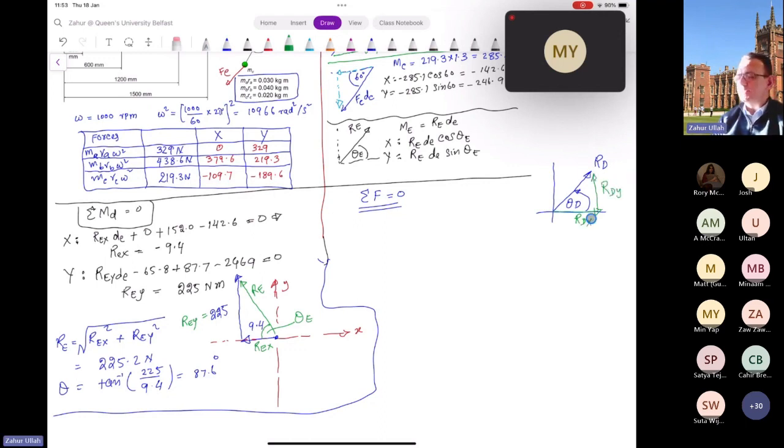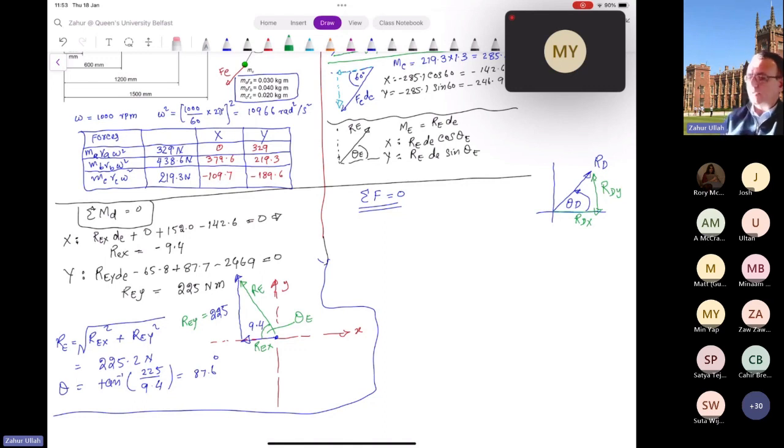So you are assuming that both the X component and the Y component are positive. But this is our assumption. You will do the calculation, and if you get RDX negative or RDY negative, this means that our assumption was wrong, and it should be the other way around. Okay, so now we have all the forces, so we can do the calculation.